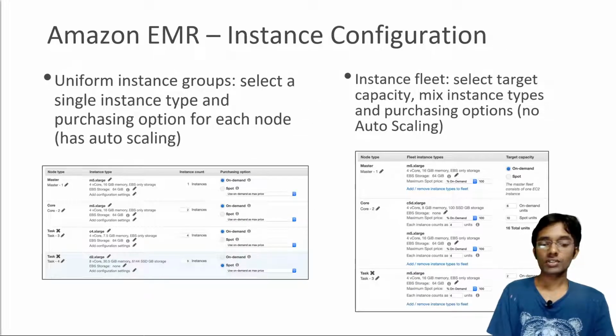Okay, next you have the instance configuration. So you have uniform instance groups, where you select a single instance type and purchasing option for each node, and that has auto scaling.